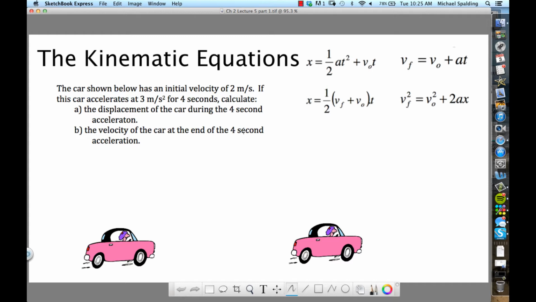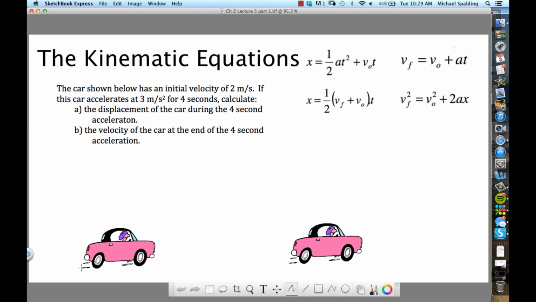Okay, so I'm going to give you guys a couple minutes. This is an easy kinematic problem, so just see how it goes. For every chapter, beginning with chapter 2, what I want you to do is draw a diagram for the problem. Here it's a car accelerating from an initial velocity of 2 meters per second. So do a quick sketch, it doesn't have to be artistic, of the situation.